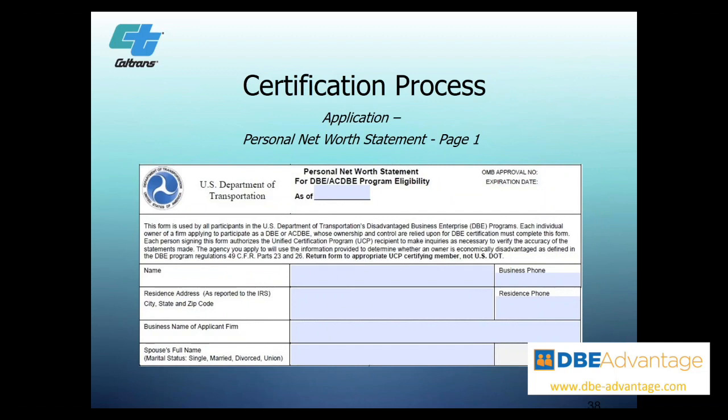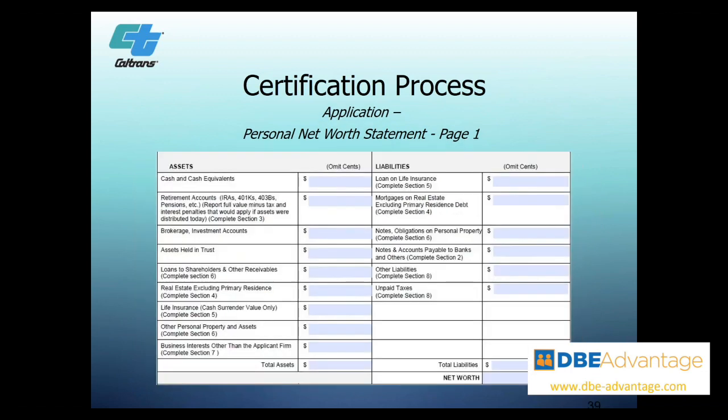If you go back to this slide, if you are married, it's important to include your spouse's full name. Then when the reviewer looks at that, we would take into account community property if you're in a community property state. Okay, very good.